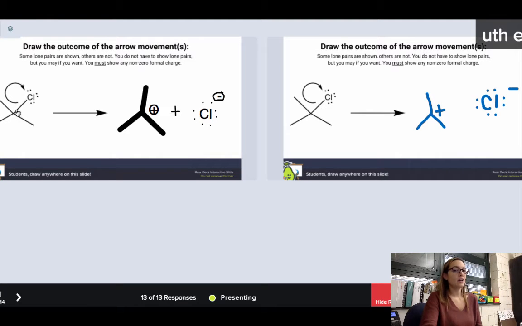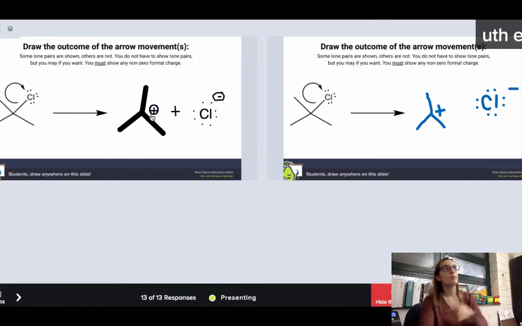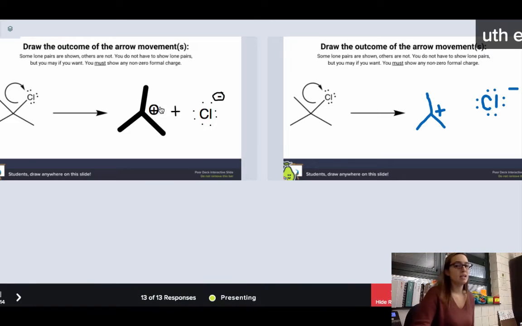You have this alkane, and notice that on both of these, that central carbon is labeled with a plus. Carbon always wants 4 bonds. If it doesn't have 4 bonds, it's going to have a positive formal charge. This is called a carbocation. It's carbon, that's a cation. So this positive formal charge goes with this central carbon.